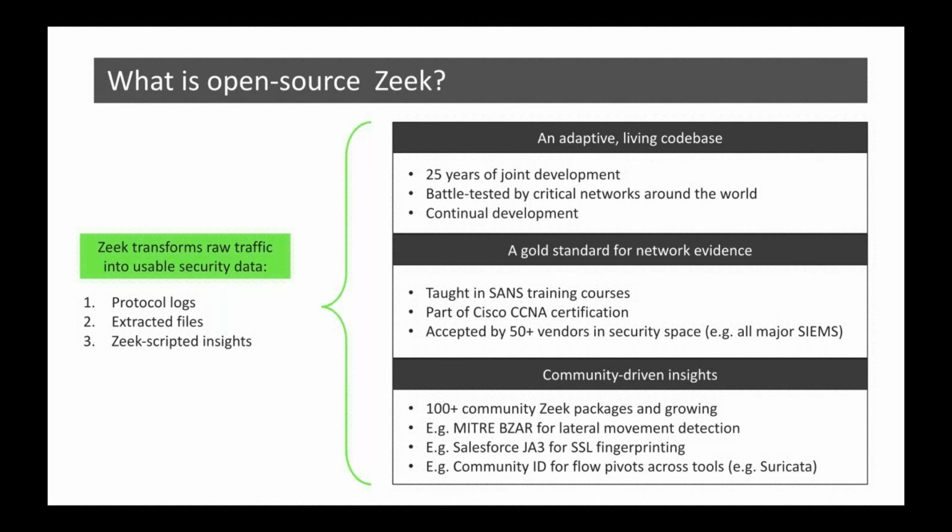So the primary output of Zeek that people are familiar with is called the Zeek logs, or those protocol logs. These are separated by individual protocols and tied together with a unique identifier. So each network connection is going to have a UID that ties it into both the metadata about that connection in the connection log, as well as any individual protocols that are used within that connection.